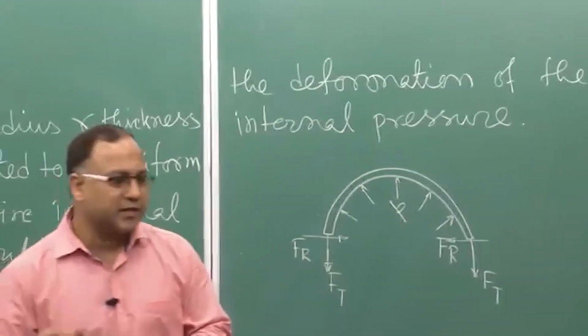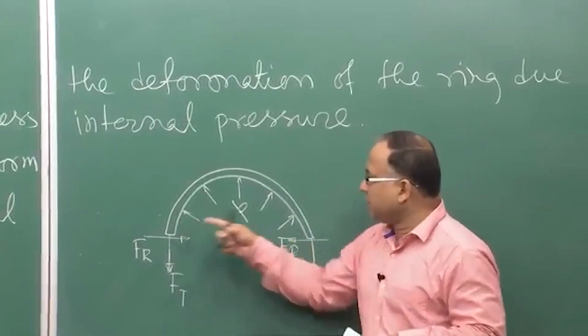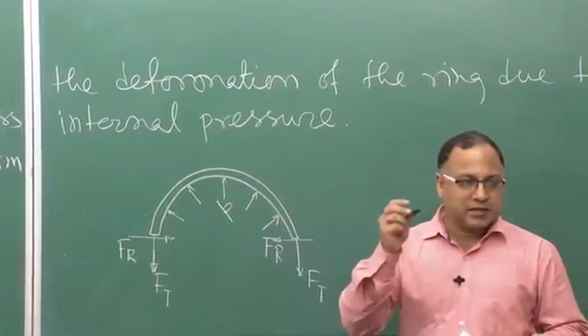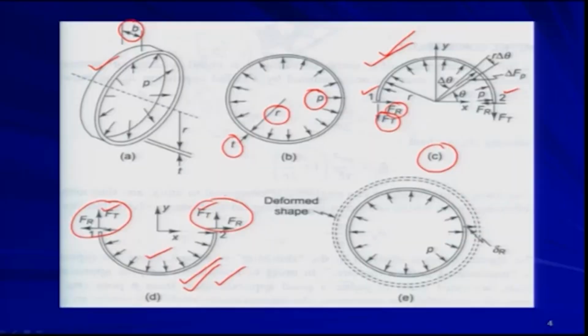To balance it, in the lower half it should be outward. So, Fr is inward in the upper half, whereas in the lower half Fr is outward, right.